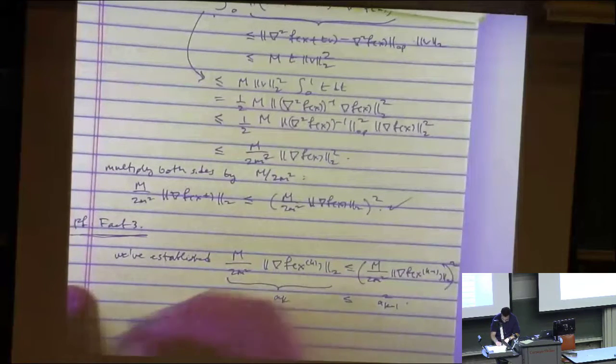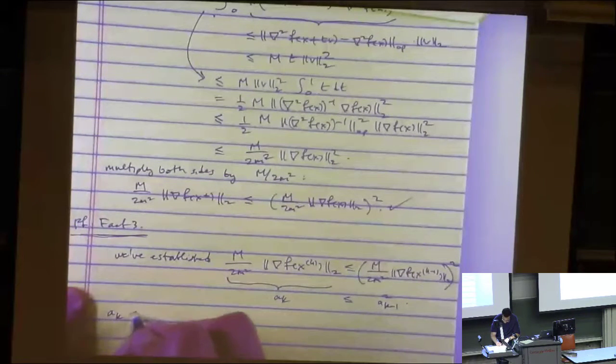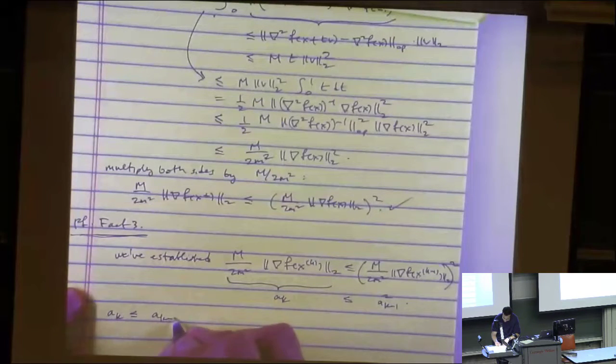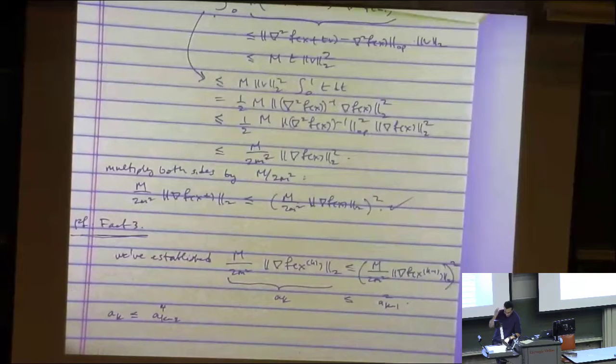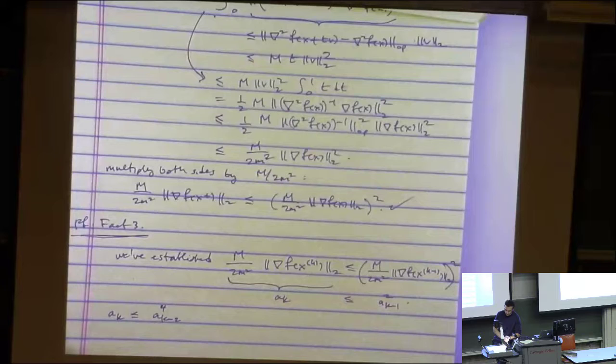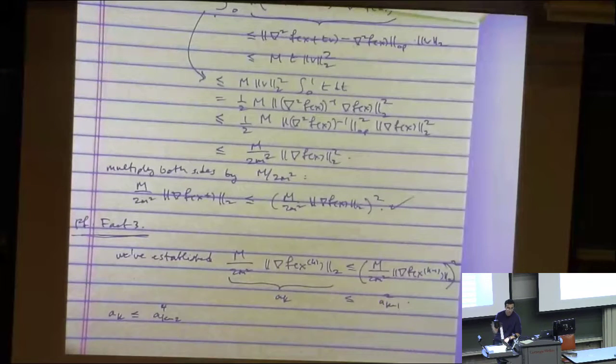Okay, so iterating this inequality, we learned that a_k is less than or equal to a_{k-2} to the power of 4, because a_{k-1} is less than or equal to a_{k-2} squared, so a_{k-2} squared is less than or equal to a_{k-2} to the power of 4. Now you can see where the powers of 2 start to appear.